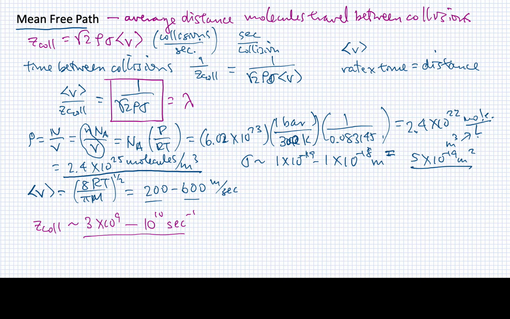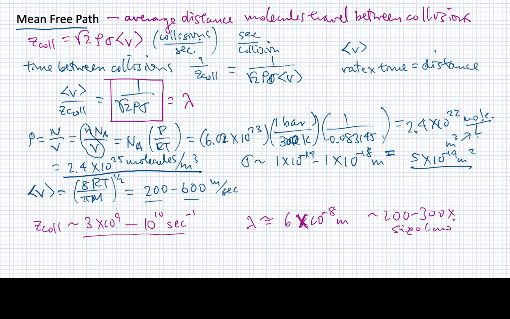What about the mean free path? Well, I would find that lambda in this case is going to be roughly 1 over that, but when I plug these numbers in, I'll end up with a rough number that looks something like 6 times 10 to the minus 8 meters. Okay, so not a very long distance, but when we compare it to the size scale of a molecule, it turns out that this is roughly 200 to 300 times the size of a molecule.